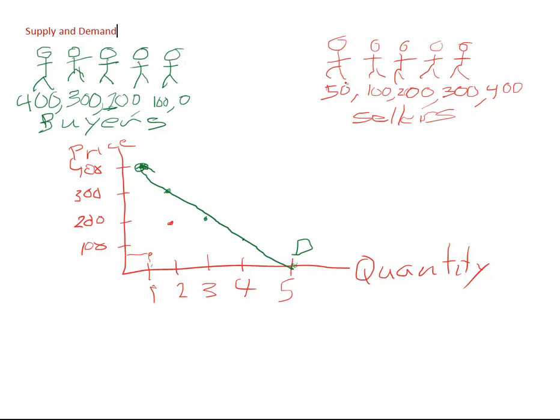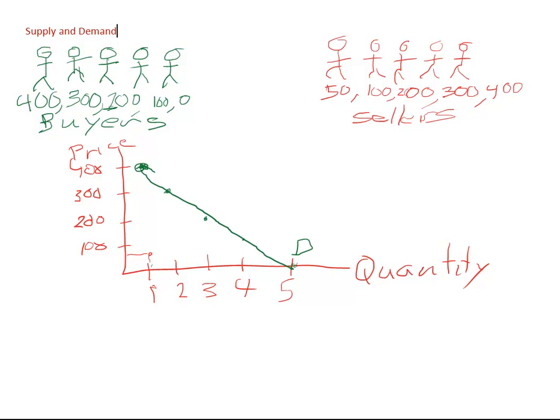Oh wait, I did that wrong, didn't I? I drew it wrong. For the second one, it's the first 2, right? So let's get rid of that little line right there.